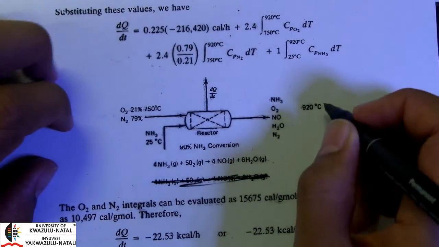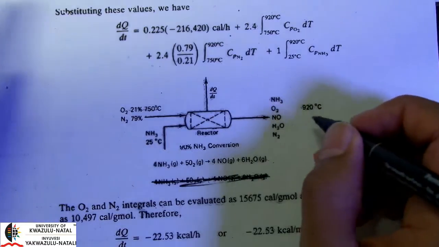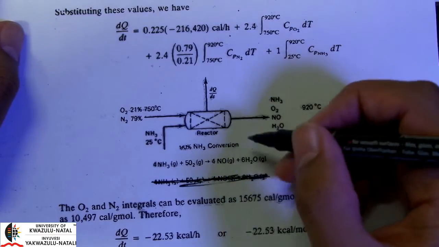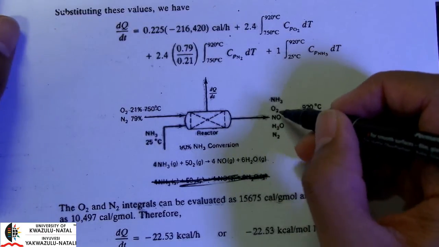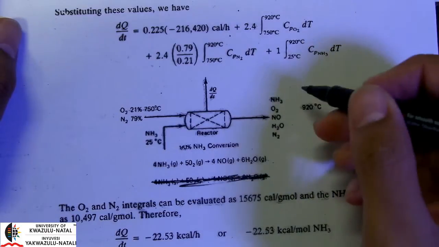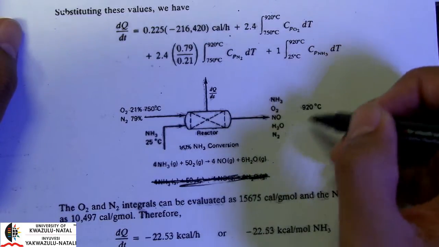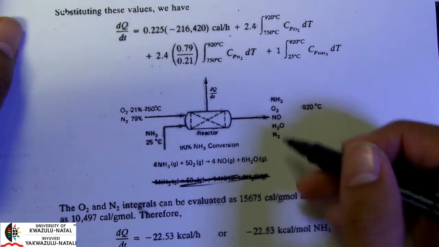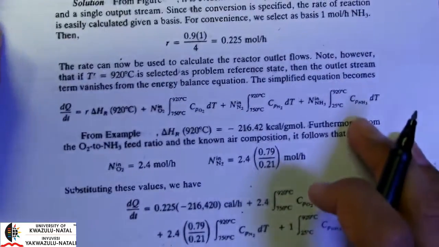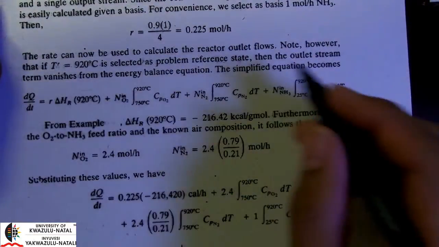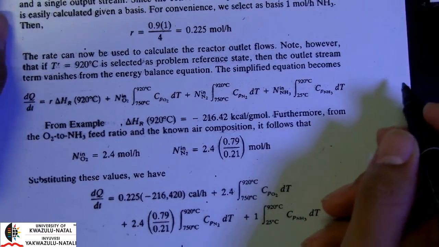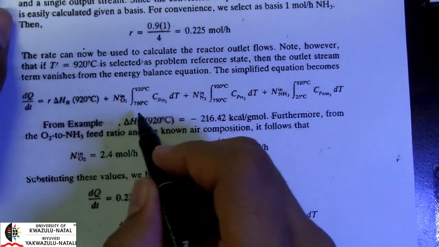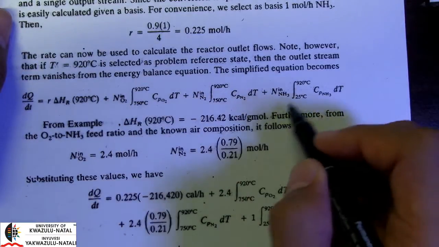If we choose a temperature of 920 degrees as our reference, then our entire integration and summation for these species enthalpies will become 0, because we will be integrating from 920 to 920. So that's an attractive choice, so let's go with that. Ultimately, I have no output enthalpy in my balance. It's simply the reaction at 920 degrees Celsius plus the flow enthalpies coming in.